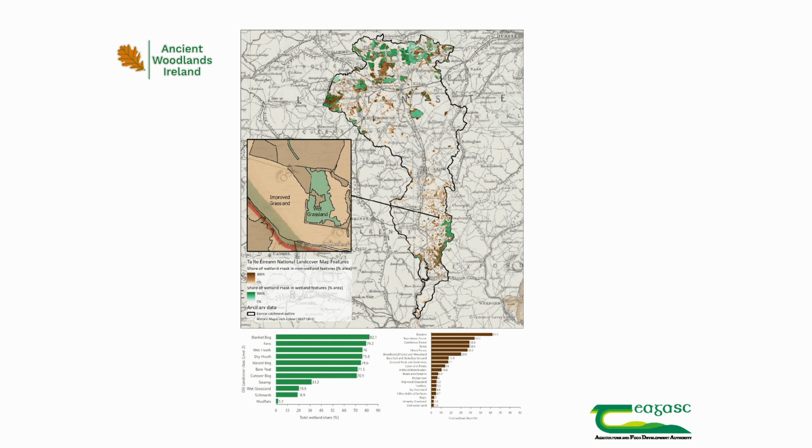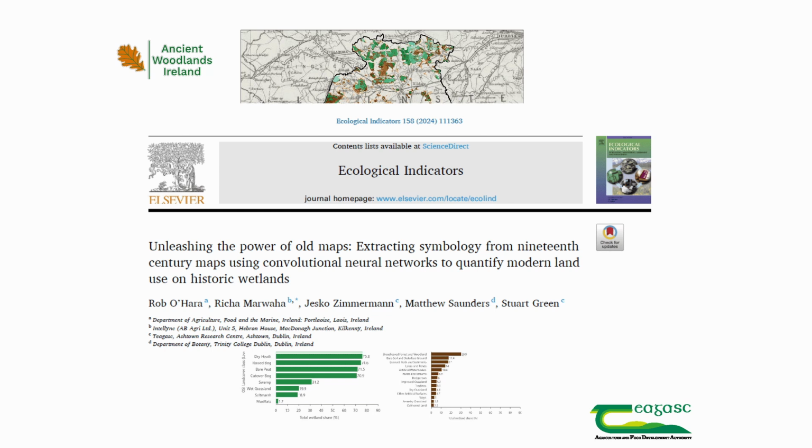In brown is where wetland has been lost. So this in the National Land Cover map is not wetland anymore. While everything that's green is still something that is wetland. So we managed to publish that, fortunately, which is very, very good. So we can refer to that now in the Ancient Woodlands project.